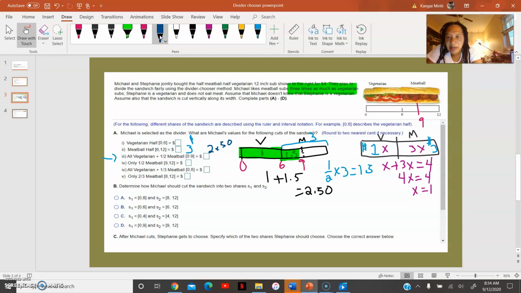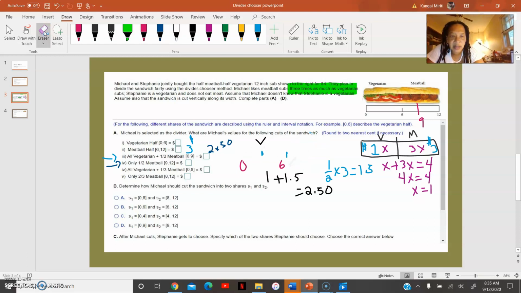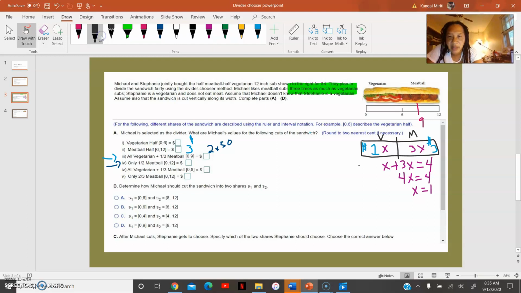What about this piece? This piece, number 4, says only half of the meatball. We actually already know that from our picture, but we don't even need the picture. What does half of the meatball mean? Half of the meatball value. What's the meatball value for Michael? $3.